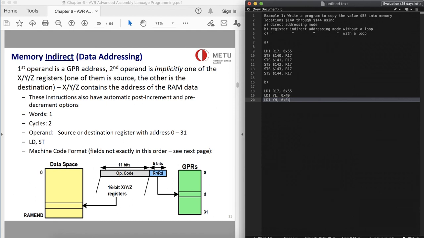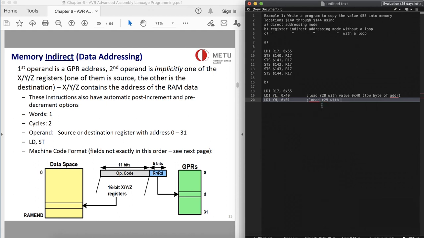Okay, so maybe I can write the comments for this just to make it more clear. We can say that load R28, which is register YL, with a value 0 hex 40, which is the low byte. Now we repeat the same thing.